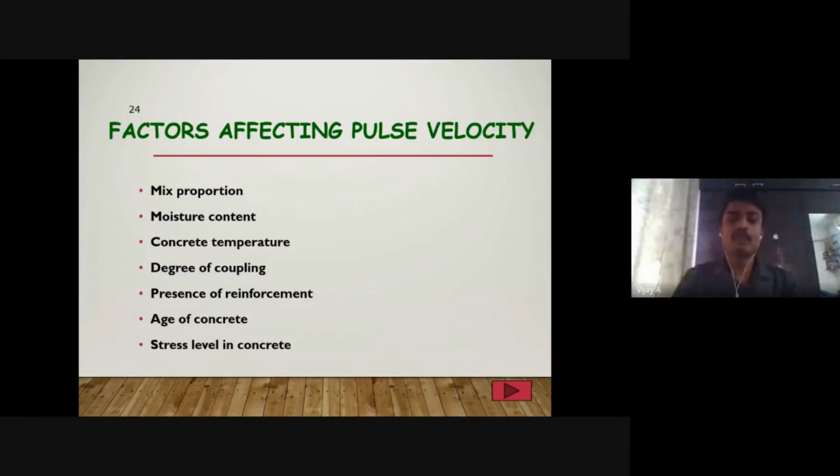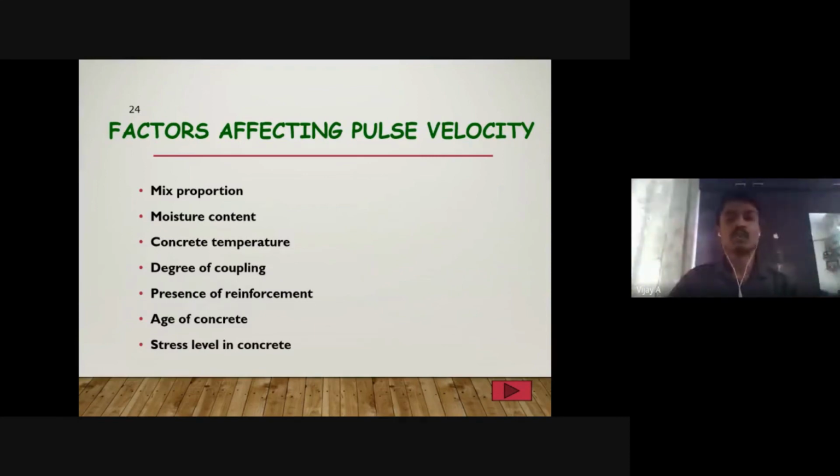A pair of probes face each other, and the same kind of arrangement will be kept on the opposite side as well. So these are the different types of ultrasonic testing. I guess you got it, right? In UPV, you have phased array ultrasonic testing, automated ultrasonic testing, and time of flight diffraction. These are the different methods that come under UPV.